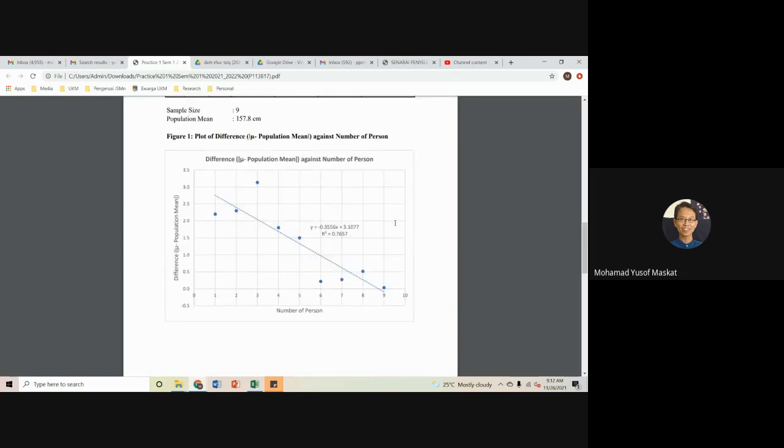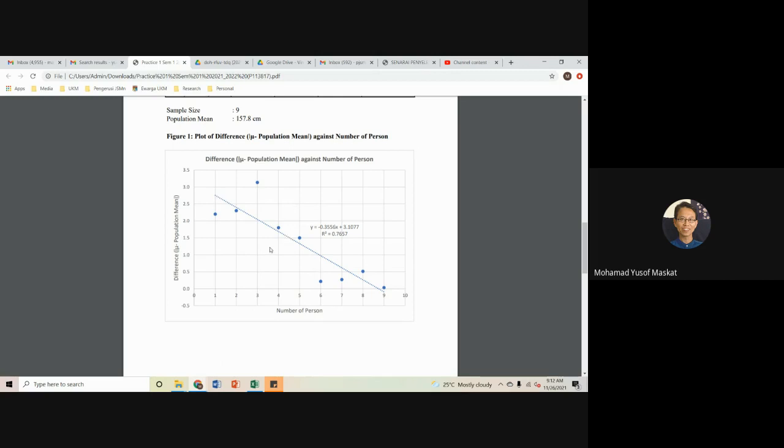So we can look at the graph. This is the number of persons. Initially, if we take just one, the difference with the population mean is 2.2. It increases, and when we add Kamarina, the difference shoots up. But then it starts to go down. This is done randomly.